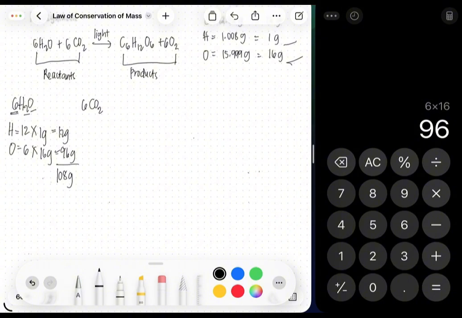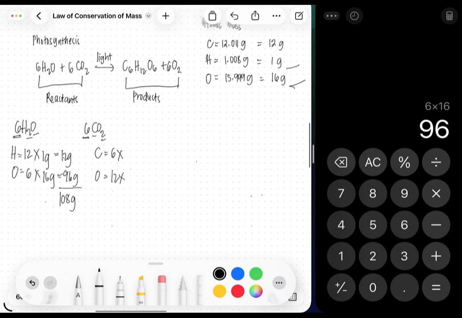For the 6 carbon dioxide molecules, we have carbon and oxygen. There are 6 carbon atoms, and 6 times 2, we get 12 atoms of oxygen. So multiplying the atomic mass of carbon, 12.